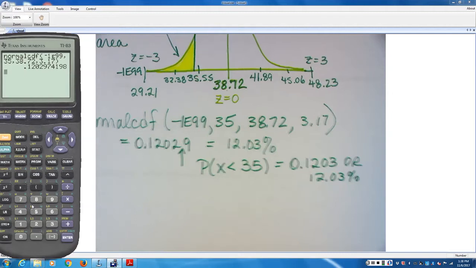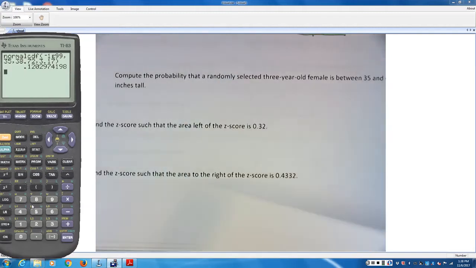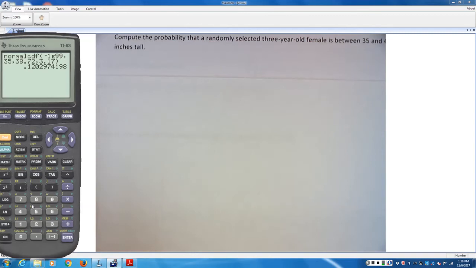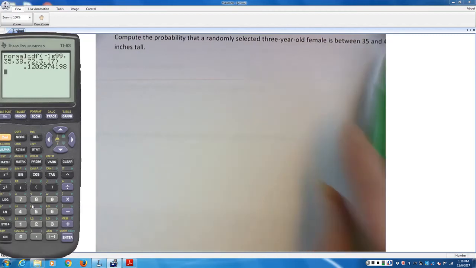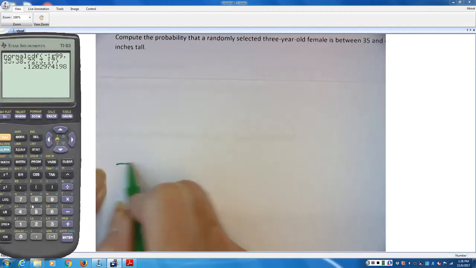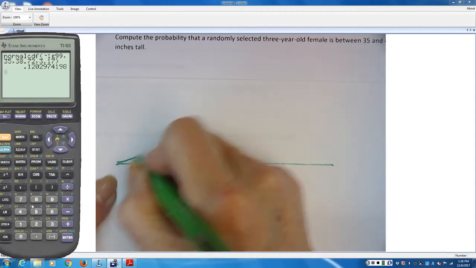Okay, let's look at the next one down then. Next one down says, compute the probability that a randomly selected 3-year-old female patient is between 35 and 40 inches tall. So we have the same curve.